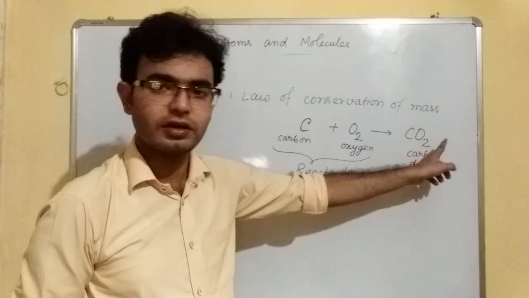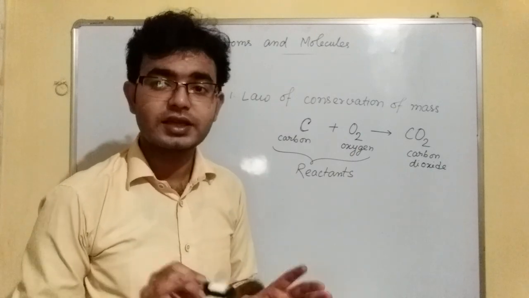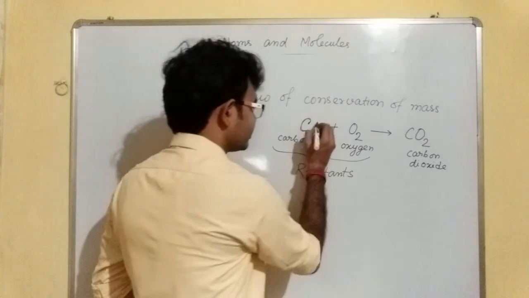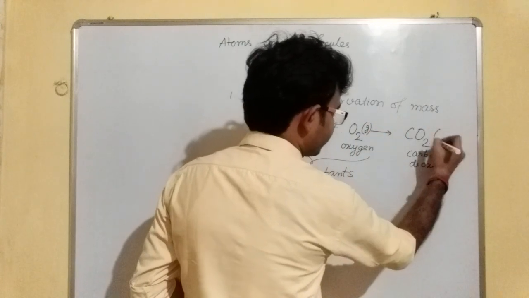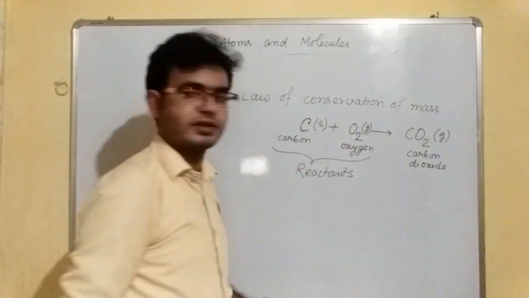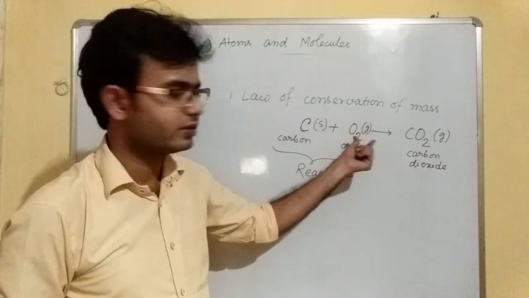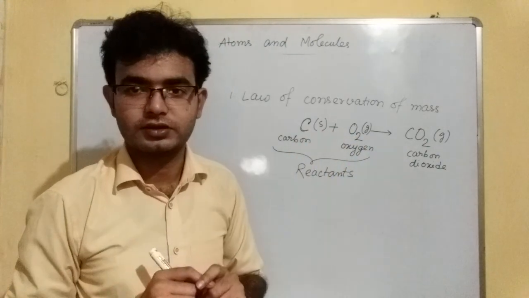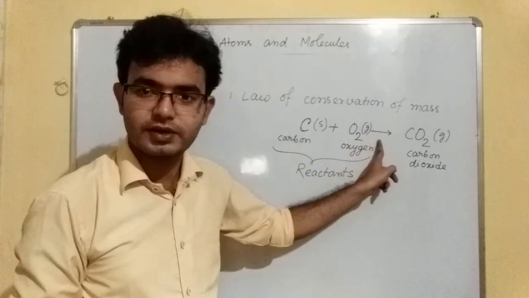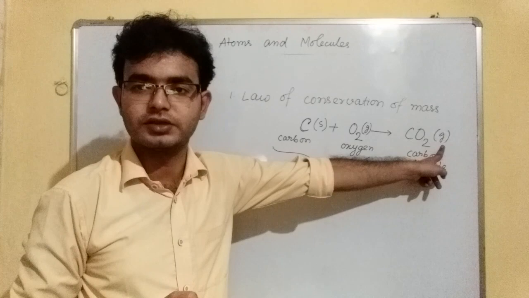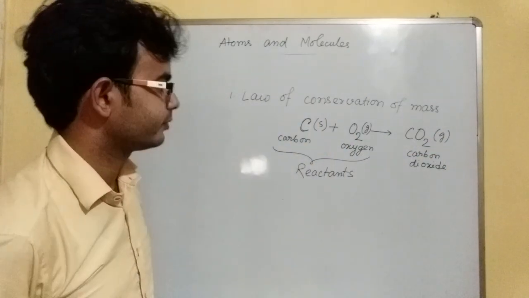Whatever is written here, C plus O2 arrow CO2, it is a chemical equation. Now it is known that carbon is solid, oxygen is gas, and carbon dioxide that is produced is also gas. That's why we can represent the state of the matter in brackets. Like for solid we'll write s, for gas we'll write g. If it is liquid then we'll write l, in small letter.